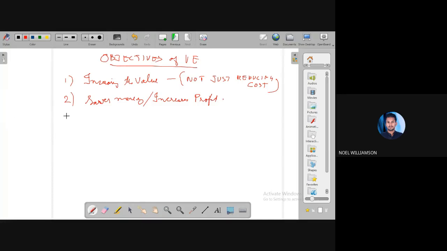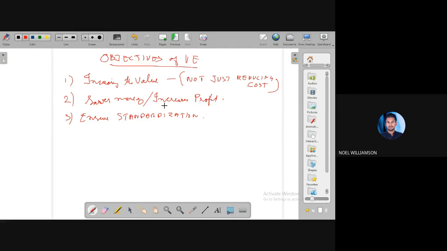Then ensure the standardization of products.